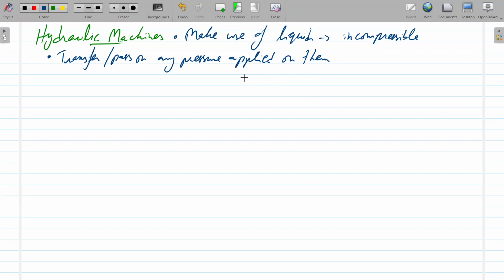So the setup is, what you have over here, this is a piston. This is what will be compressed or raised.